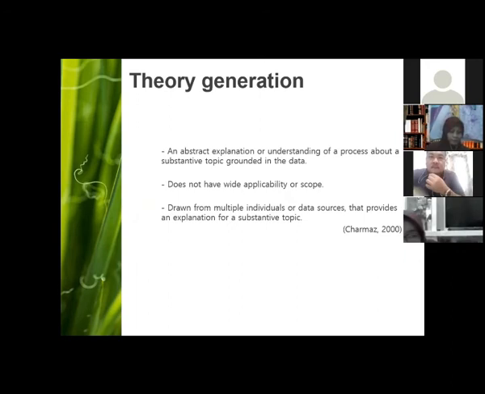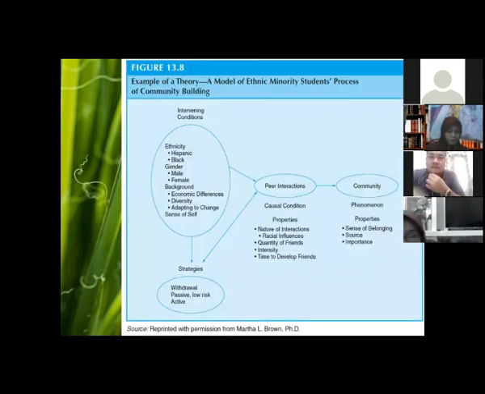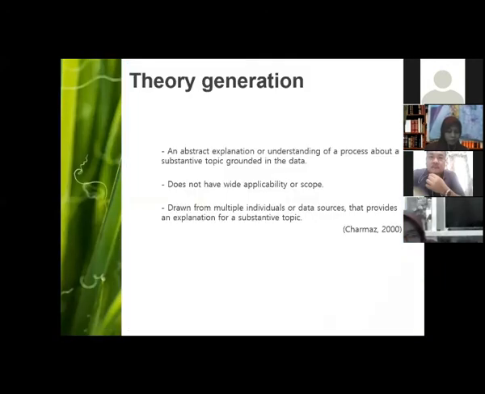In strategies, we can draw withdrawal, passive, low risk, active. And then for causal condition, it includes nature of interaction, racial influences, time to develop friendship, and so on.